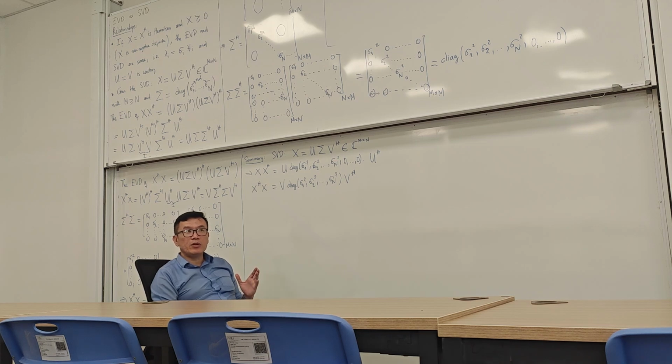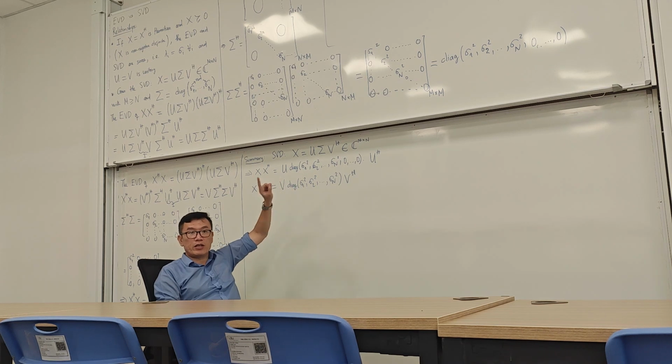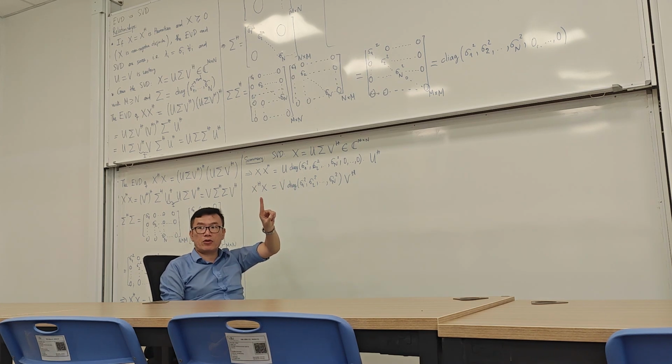So if you are given a matrix X, and the question asks you to find the singular values, remember, singular values are greater than or equal to 0. Therefore, if you can find sigma square, then you can find sigma, because you only take the greater than or equal to 0 number.